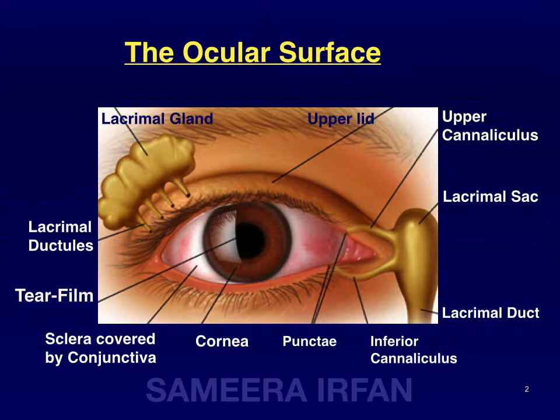The concept of ocular surface was introduced in 1978 by Toft. It is basically the exposed outer surface of an eye that comprises the cornea, conjunctiva with the overlying tear film, and all of which share some unique properties.